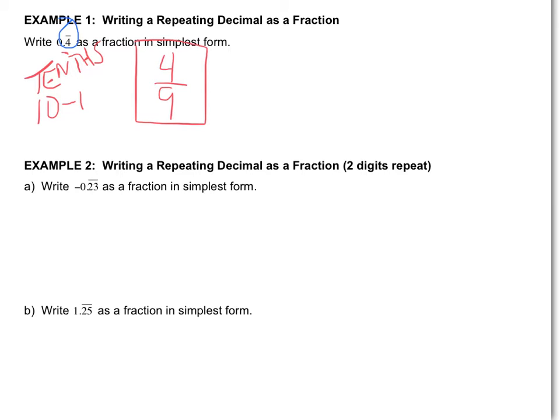Pretty simple. Now we want to look at a repeating decimal where there are 2 digits that repeat. So first of all, we want to look at where this last place value happens. It's in the hundredths column. Okay, so the hundredths means we take 100 and subtract 1. Notice the pattern starts again right after the decimal.